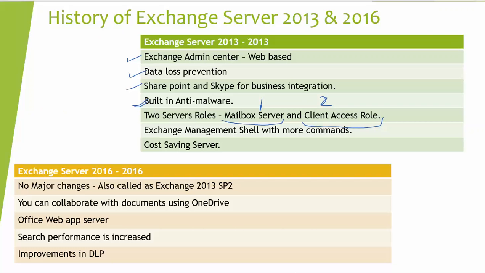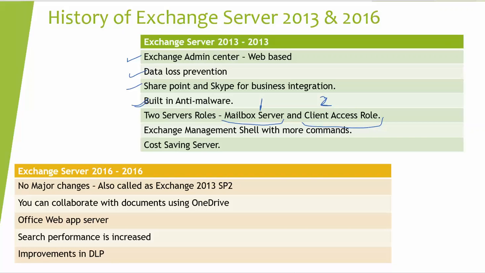Exchange Server 2013 just came up with two roles, and what they did is combine all those five roles into two roles. So they simplified the roles, which is really a good thing. The client access role gives you two main components.